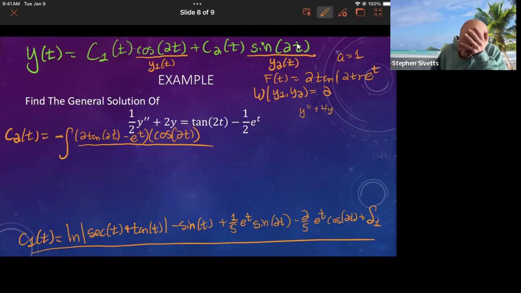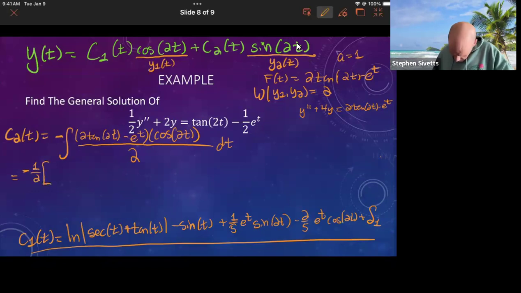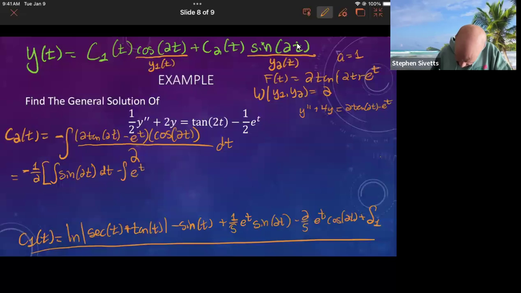The differential equation I'm concerned about is this one. So a is 1 and the Wronskian is 2, so it will be just over 2 dt. So we'll have minus 1/2 times the integral of sine of 2t dt minus the integral of e to the t cosine 2t dt.